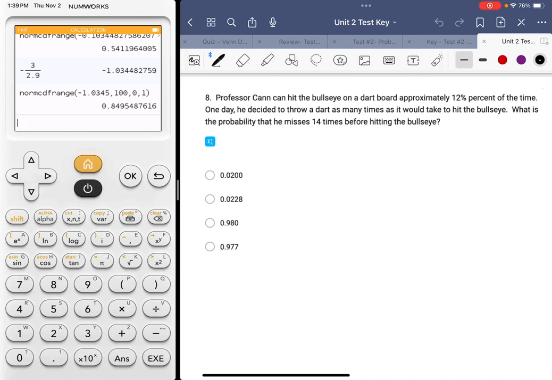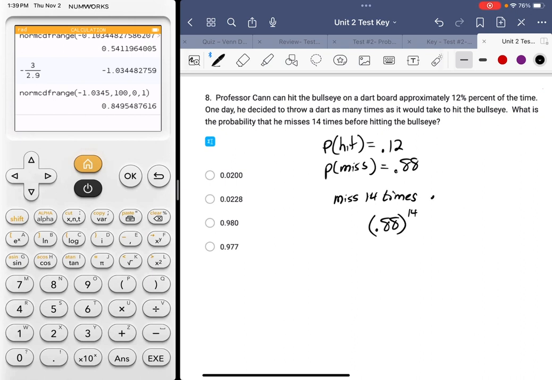So if you miss 14 of them, so this is the probability of making it. So probability of hit is 0.12. Probability of miss is 0.88. So miss 14 times would be 0.88 raised to the 14th power times make or hit once.